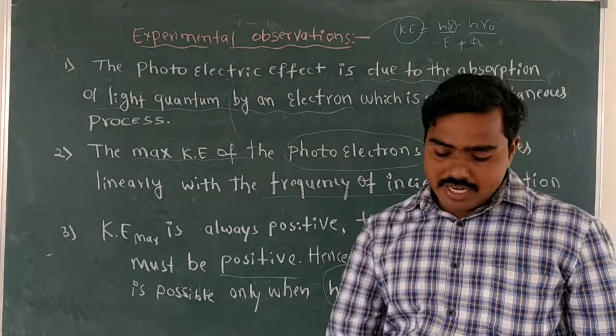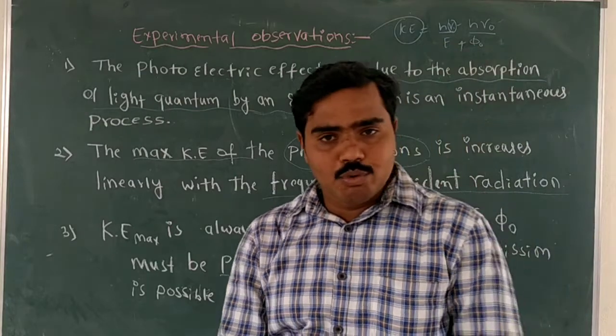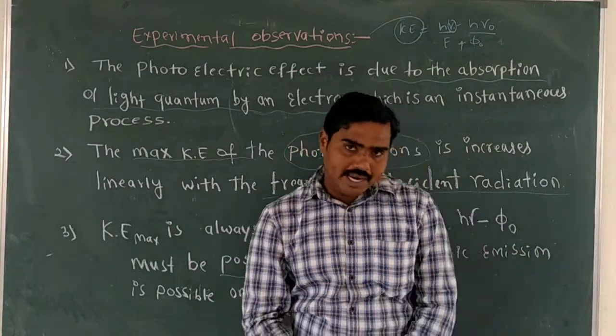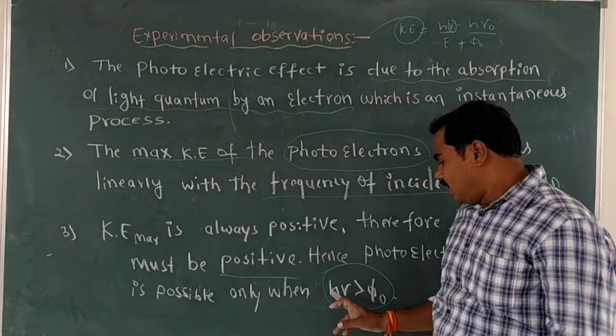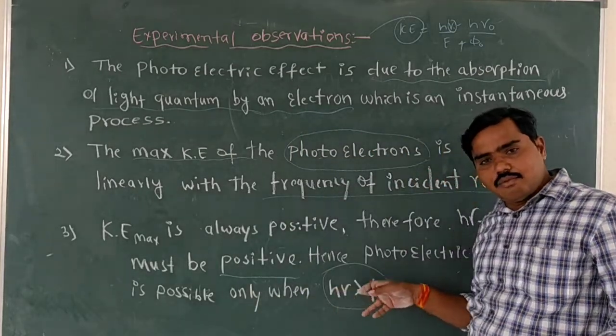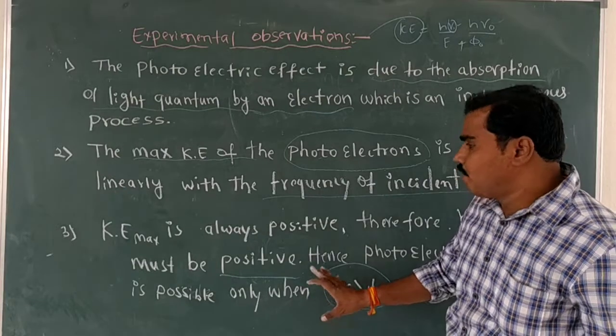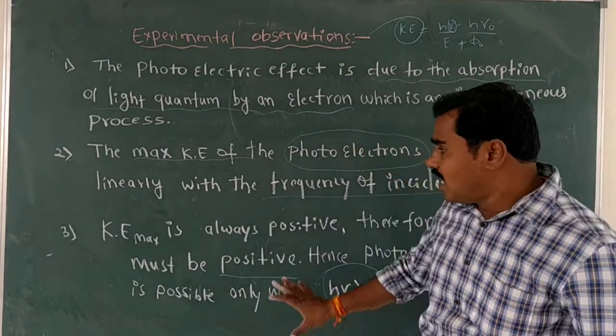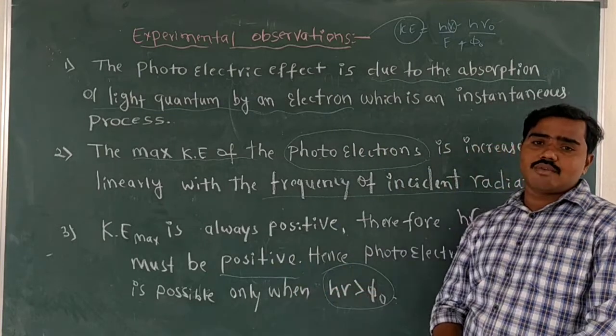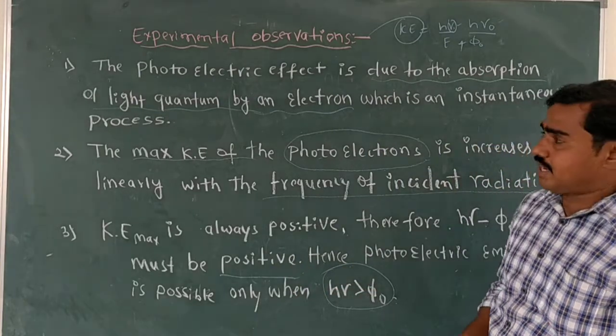It means the minimum energy required to remove the electrons from the metal plate is called the work function. When the photon energy is greater than the work function, photoelectric emission is possible. This is the third experimental observation of the photoelectric effect.